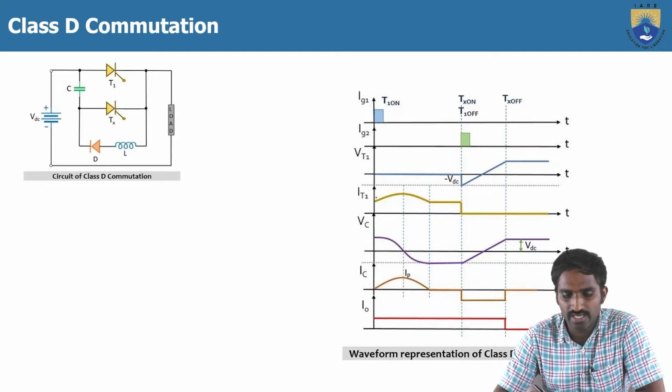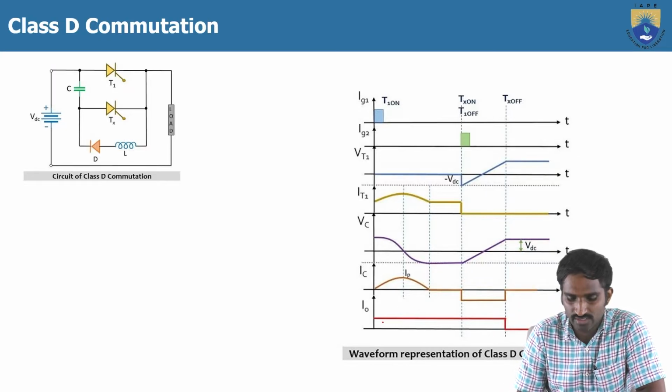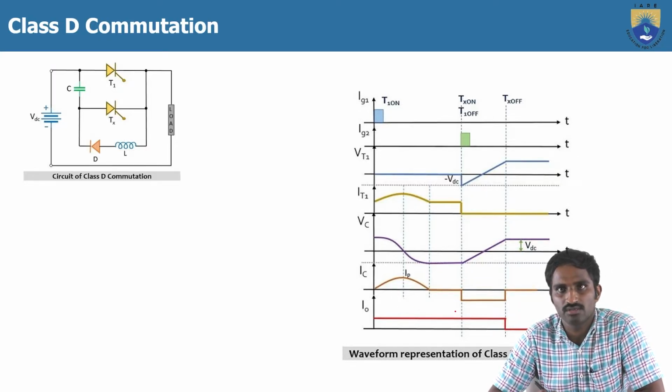It1 is the current flowing through the thyristor T1, Vc is the voltage across the capacitor, Ic is the current flowing through the capacitor, and I0 is the load current. As we assumed already, the load current is constant, that's why you can see the load current is always constant.